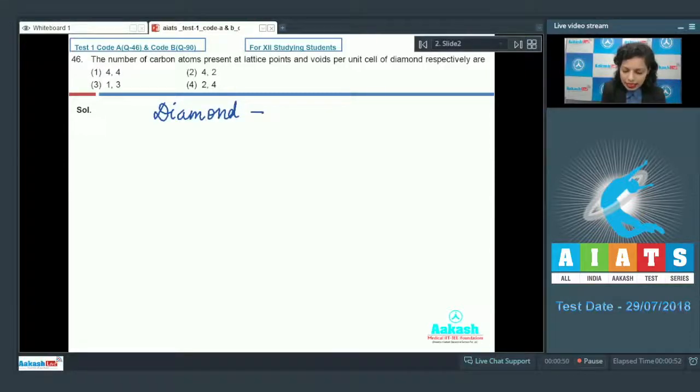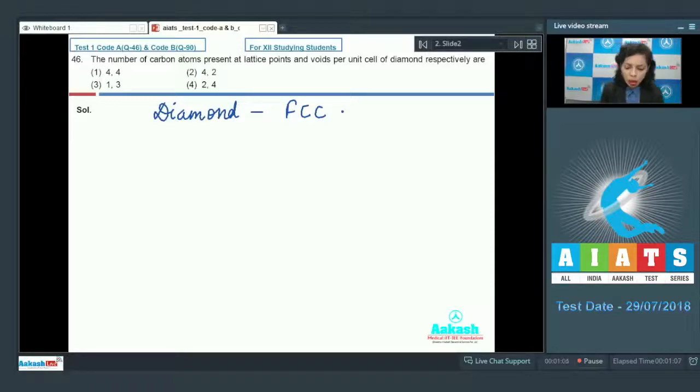it has an FCC lattice. And if it has the FCC lattice, we have to find out the number of carbon atoms present at the lattice points as well as at the voids.